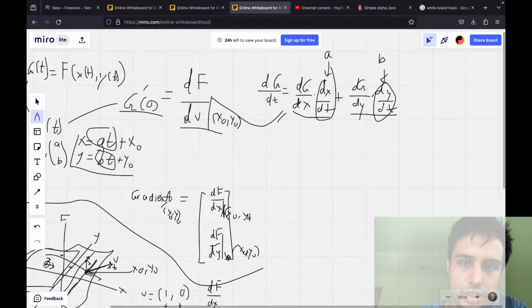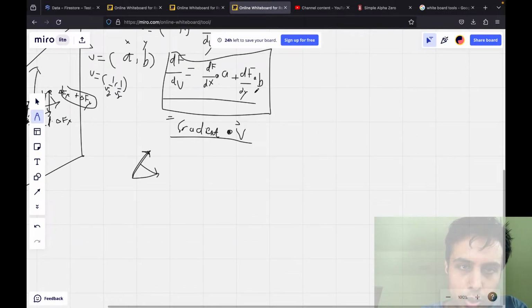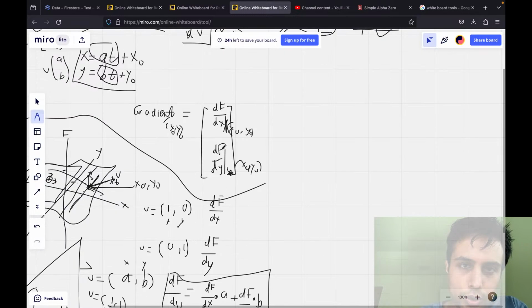The directional derivative is indeed dg/dx at the point x naught, y naught plus dg/dy at the point x naught, y naught. And here we go, that's the directional derivative.